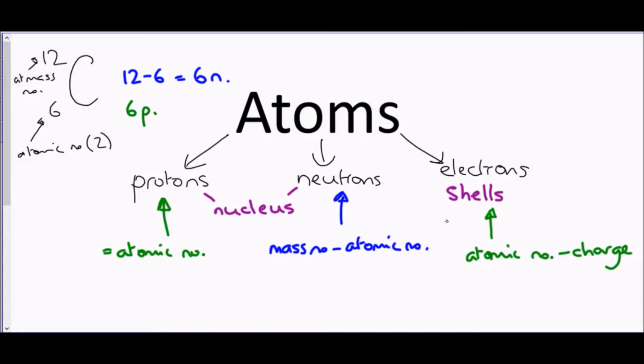In previous studies you may have said the number of electrons is equal to the number of protons, and you would be quite correct if you were talking about a neutral atom. So for carbon as a neutral atom, the number of electrons would indeed be 6. However, in this video we're also going to look at calculating the number of electrons in ions, and therefore it's quite useful to use this calculation.